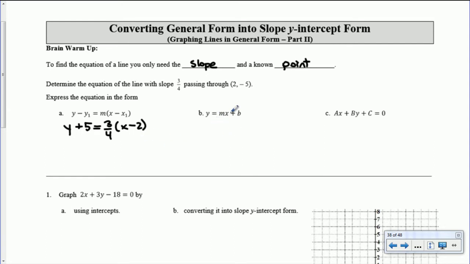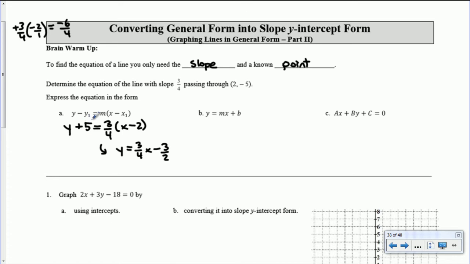If we're going to convert this to slope intercept form, we need to bring this 5 over to the right, and we also need to distribute and simplify things a bit. So as an intermediate step, let's start by distributing the 3/4 into the x and the -2. That would be 3/4 x and positive 3/4 times -2/1 is -6/4, which works out to be -3/2.